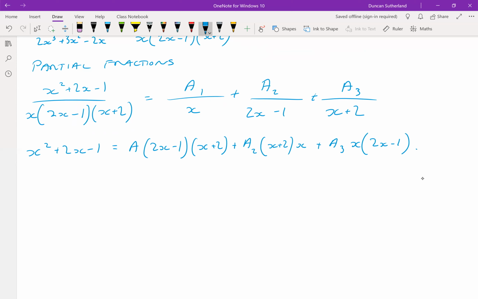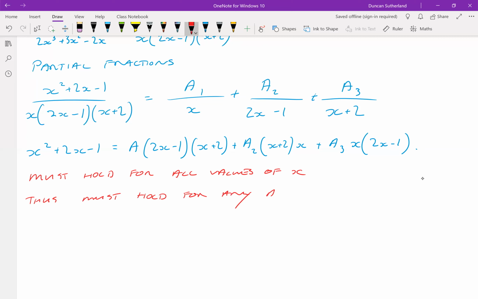Like so. And now note that this equation must hold for all values of x, thus it must hold for any particular choice of x.